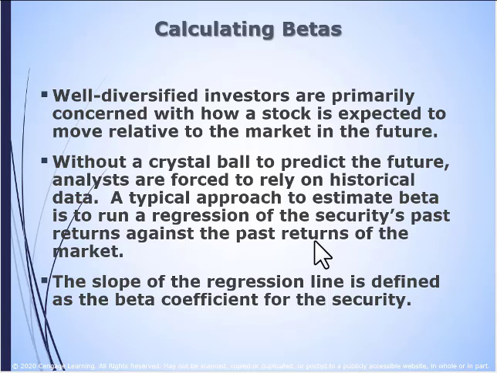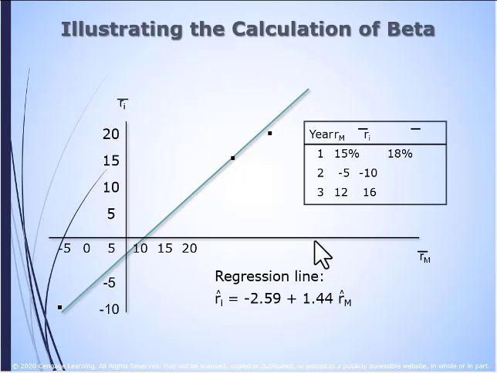But let's think about how the calculation happens, because it's interesting to know what's going on here. Well-diversified portfolios are concerned with seeing how a stock relates to the stock market in general. So we want to estimate beta, and we do that using a statistic called regression, or the sum of least squares calculation.